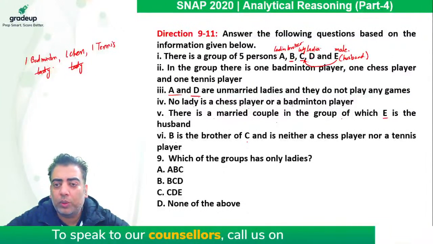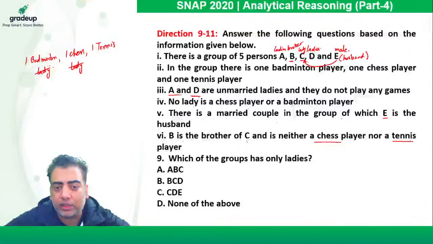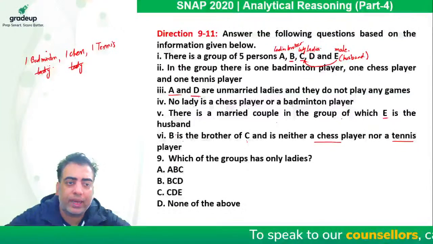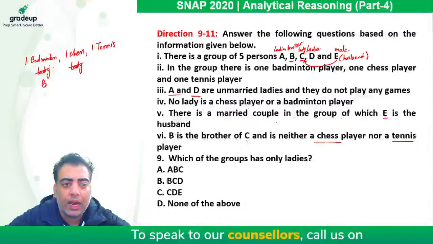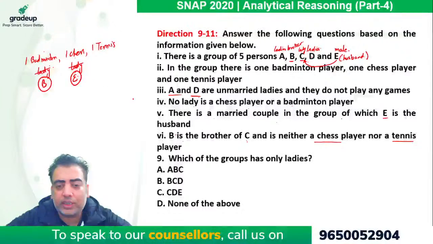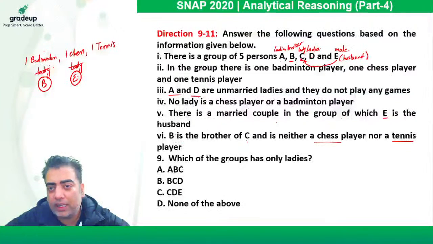So the only options for badminton and chess are B or E. Right, and then he says B is the brother of C and is neither a chess nor a tennis player. So if B is not a chess or tennis player, B must be a badminton player, which means E must be a chess player. Right, so he says which of the groups has only ladies. So we know the ladies are A, then C and D.